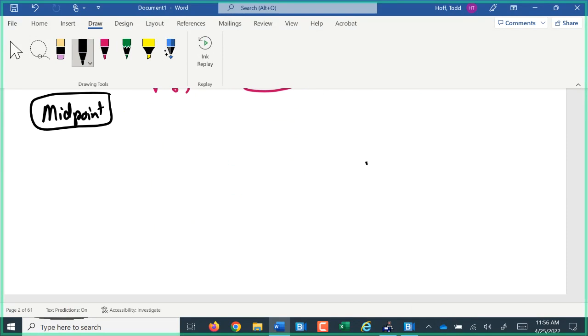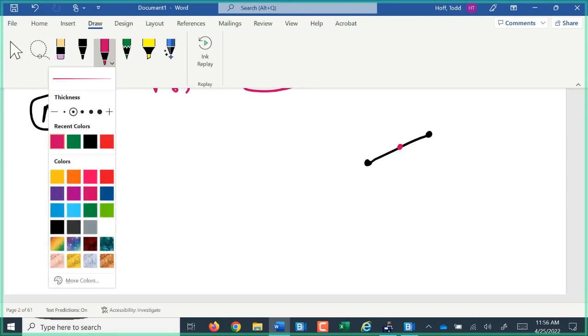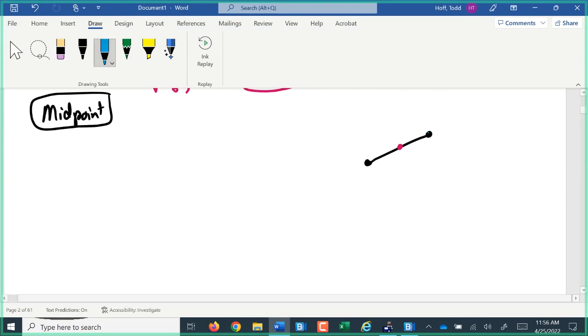And what we find is if I have 2 points on my graph, the segment that connects those 2 points, the midpoint of that segment has coordinates that correspond to the midpoint of the rise and the midpoint of the run.